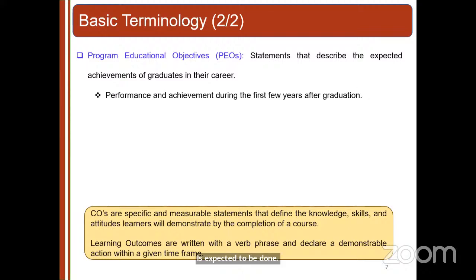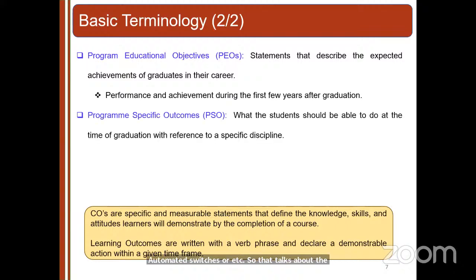So after the first few years of their graduation, what they can achieve is expected of them. For example, if I take a simple electrical engineer, then he or she may be working in some company where automated switches etc.